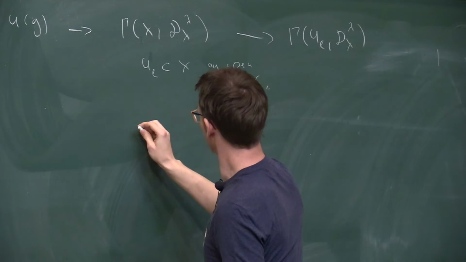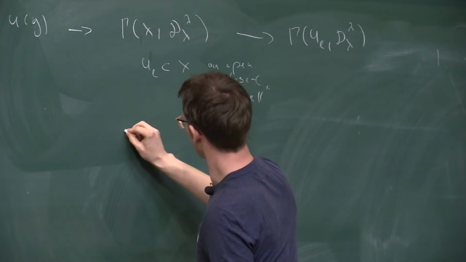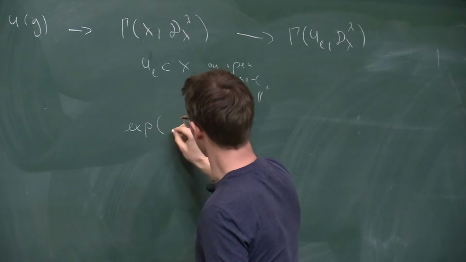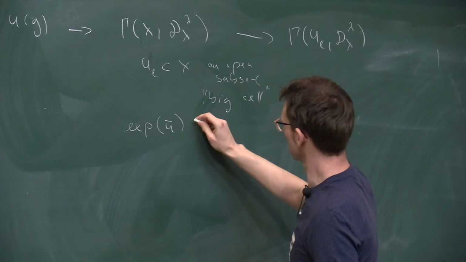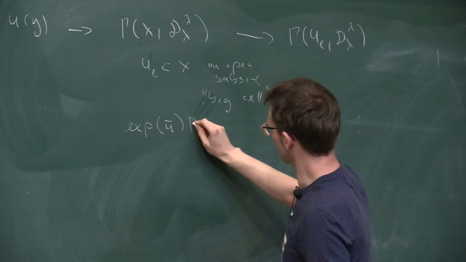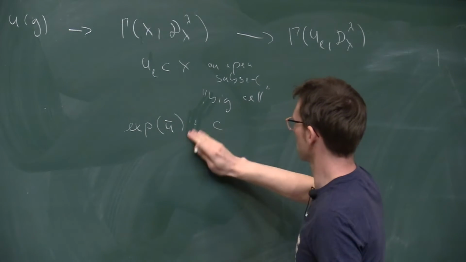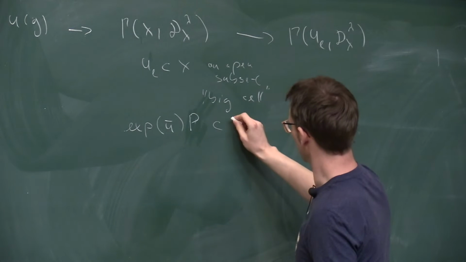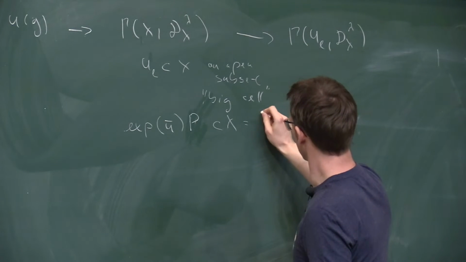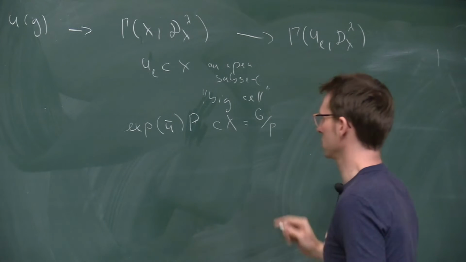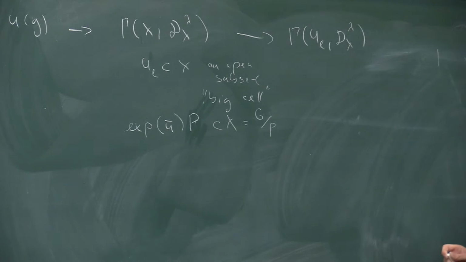And it's, in fact, the exponential of this u bar times b as a subset of x, which is just g over p. So it's an open subset.